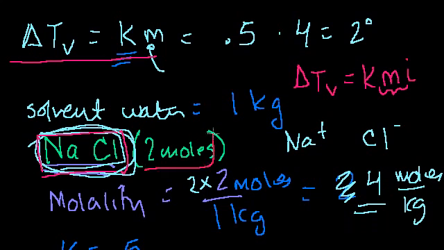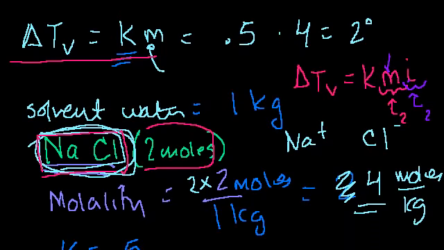So in this case, this number would be 2. And I is the number of things that it disassociates into. So in this case, this would have been 2. And that's where we would have gotten 4 times K, which is 0.5, which is 2. In the case of the glucose, M would still be 2, but it only turns into 1 particle when it goes into water, so I would be 1. So you'd only have a 1 degree increase in the boiling point of water.